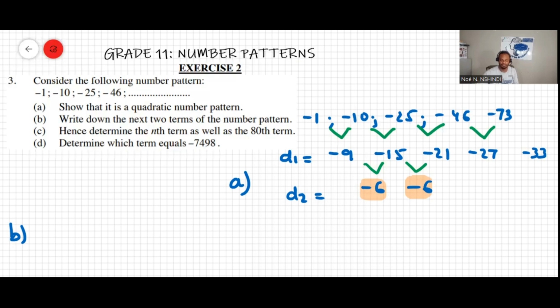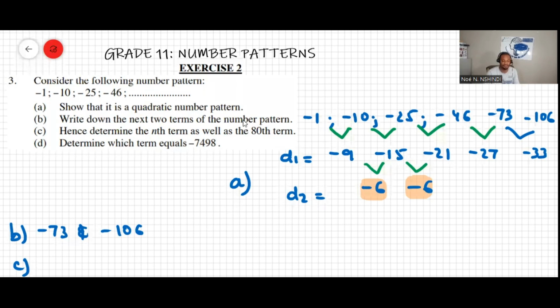Then -73 plus -33 makes -106. So the next terms are -73 and -106. Now the question says hence determine the nth term as well as the 80th term.